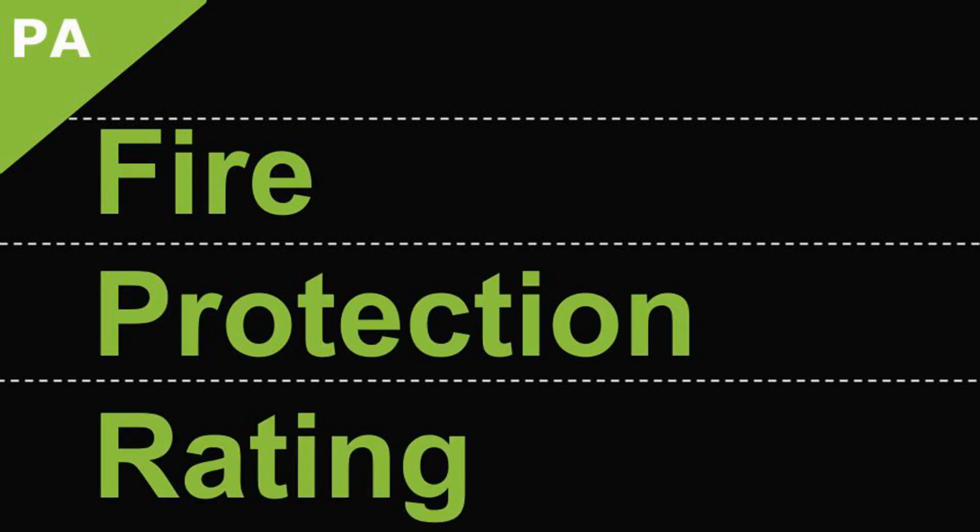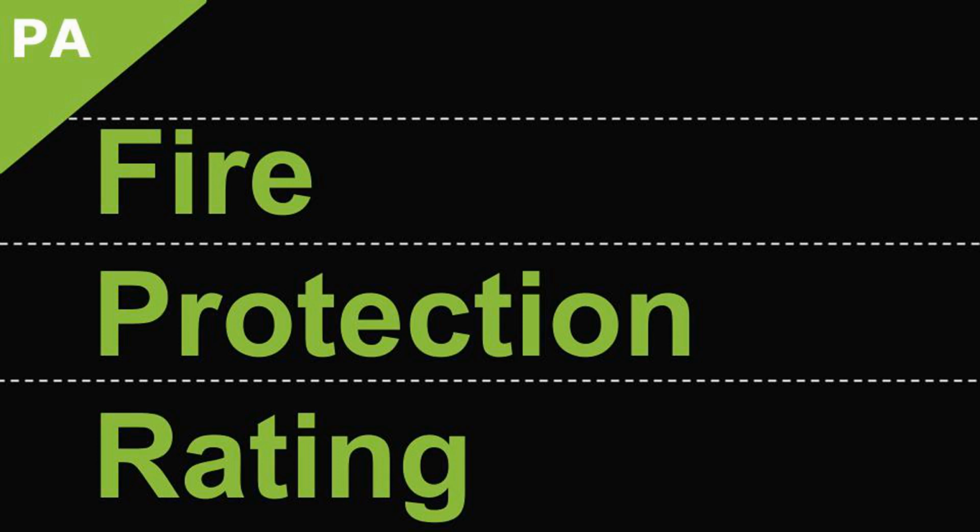Fire protection rating. Fire protection rating is the period of time for which an opening assembly, such as a door or window, maintains its ability to confine a fire, or maintains its integrity when tested in accordance with NFPA 252, UL 10B, UL 10C for doors, or NFPA 257 for windows.